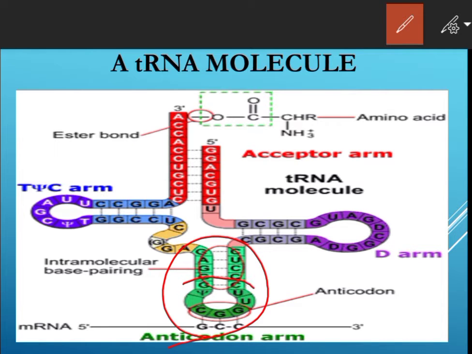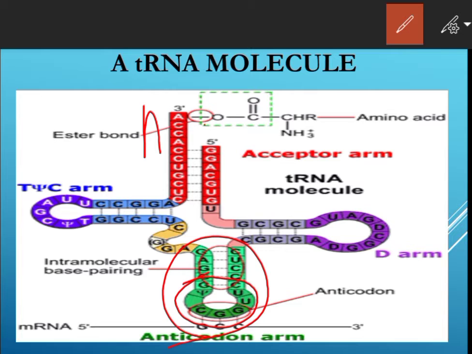You can see this much is called the loop, right, which has the complementary bases which are opposite to the codes. Then the amino acid acceptor end, this end. So at this end amino acids bind.